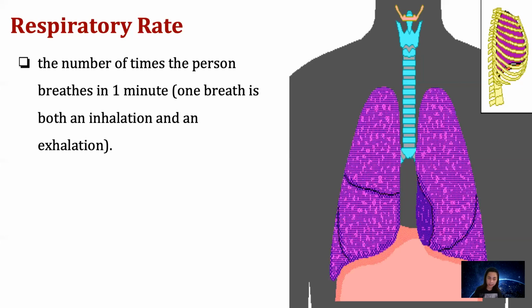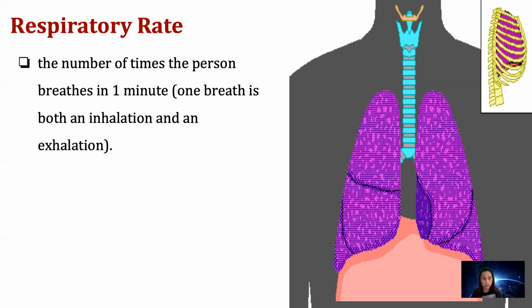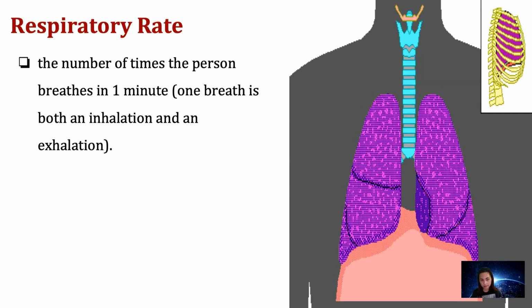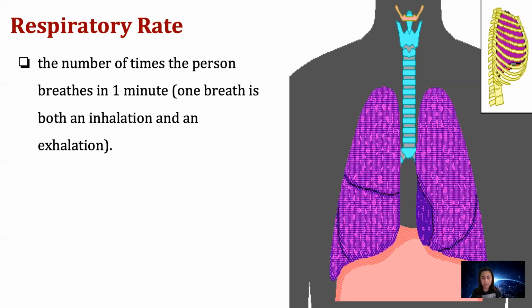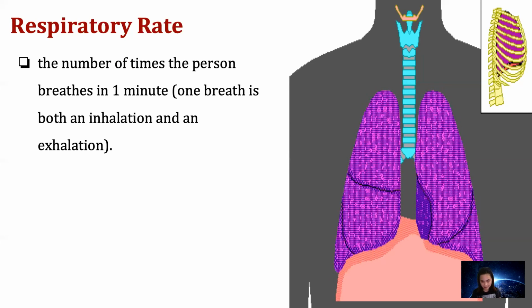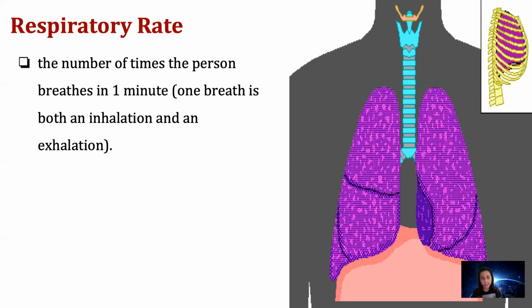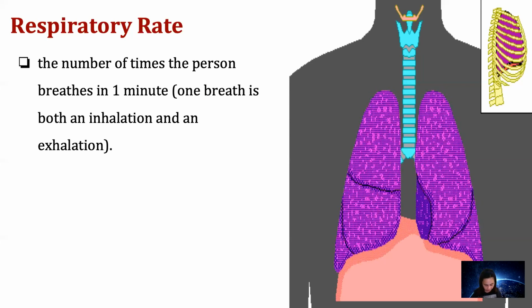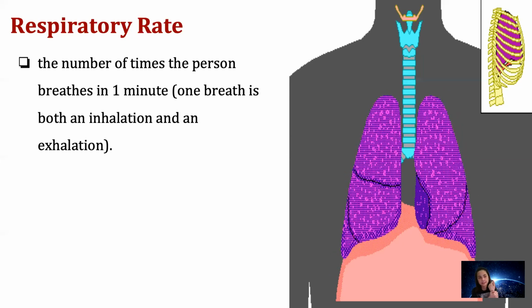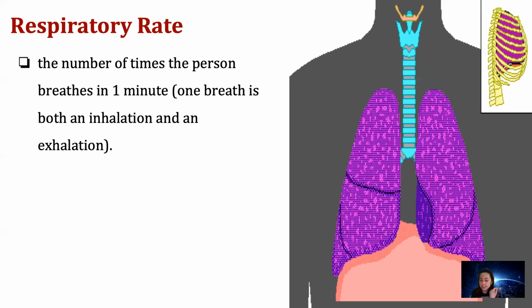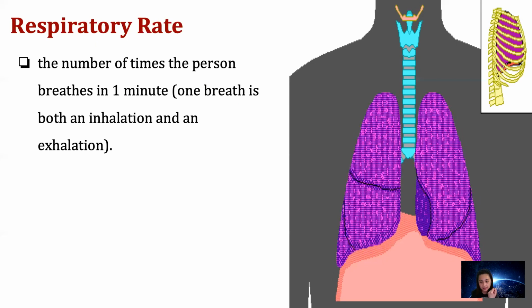Actually, respiratory rate is also taken after pulse rate. Make sure that your patient is not aware that you're taking their respiratory rate. So for example, you checked the pulse rate, then do not tell the result of the pulse rate.